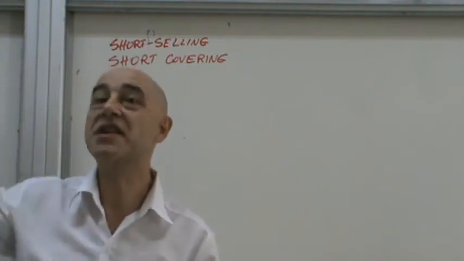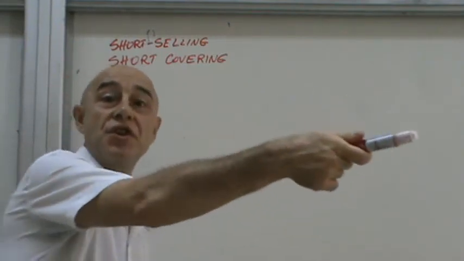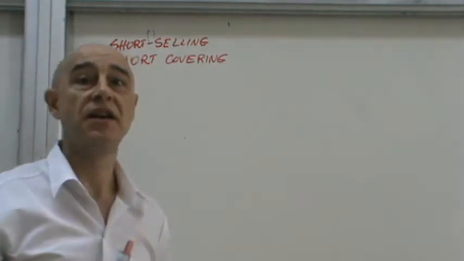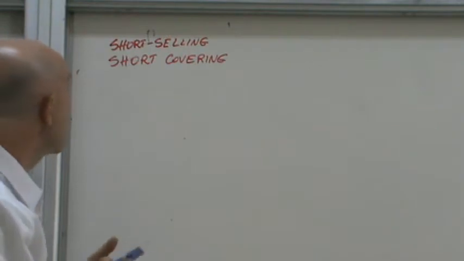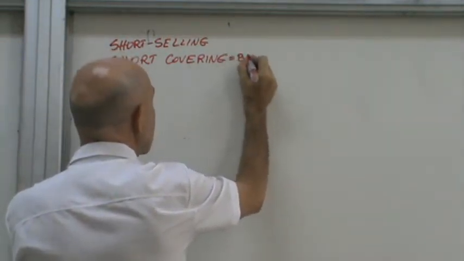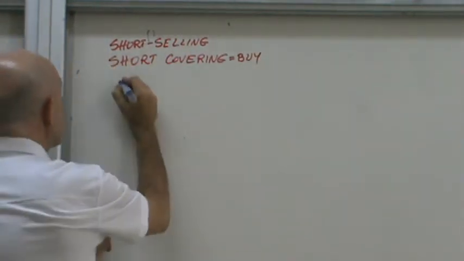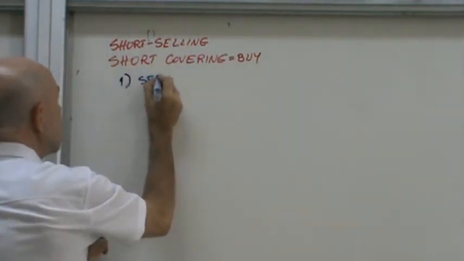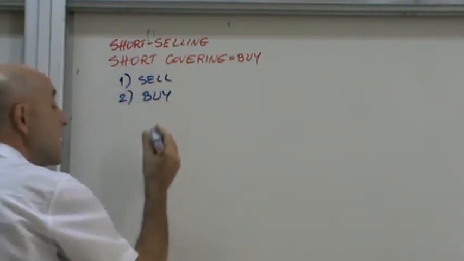I go on the market, I buy the stock from her and return it back to the person that I borrowed from. So a short covering is the same as buy. So in a short selling, the first step is sell and the second step is buy.